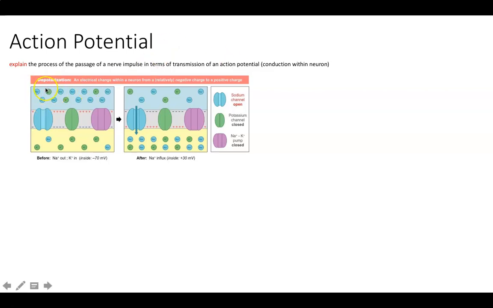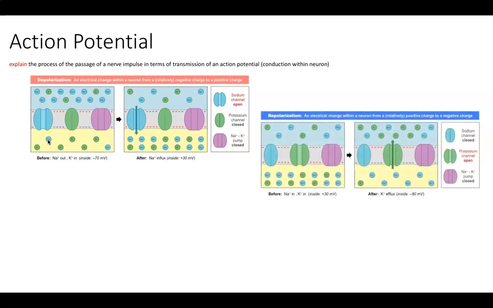So all that sodium outside, now that there's this change happening, the sodium channel opens, and just passively, where's all that sodium going to want to go? From an area of high concentration to an area of low concentration. So this is called the influx of sodium, and it causes the membrane potential to become more positive on the inside, and that's called depolarization.